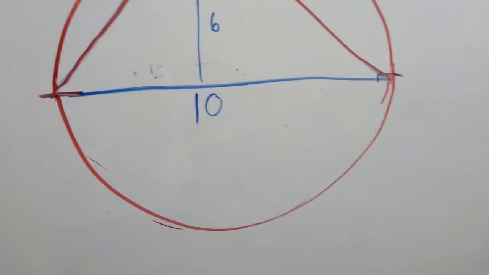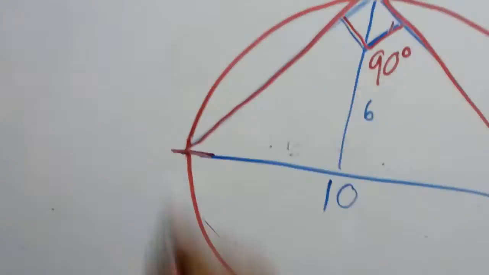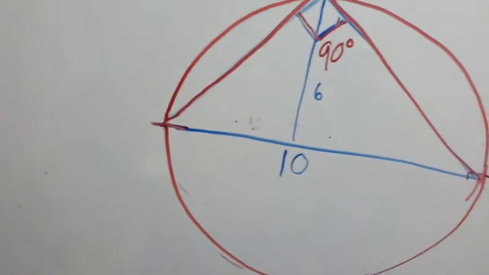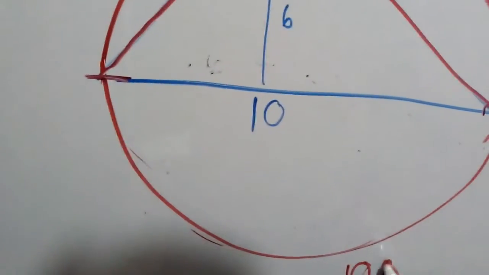Since it's the half of the circle, remember, the full circle is 360 degrees. So it means that the half of the circle is just 180 degrees.